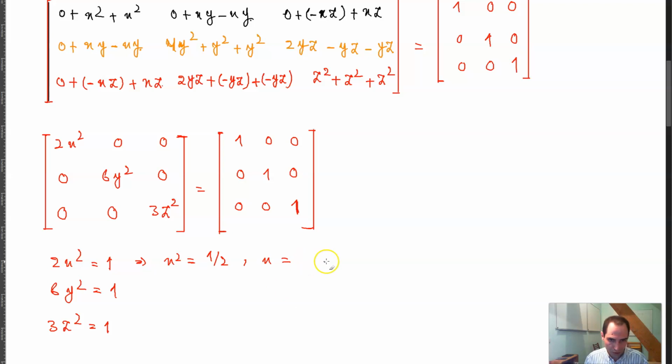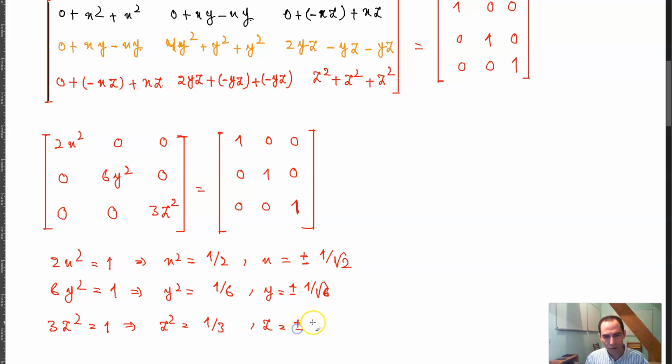Well, actually you would get plus or minus 1 over square root of 2, of course. And over here you would get y squared is equal to 1/6, so y would be equal to plus or minus 1 over square root of 6. And here z squared is equal to 1/3, so z would be equal to plus or minus 1 over square root of 3. So that's basically the answer here, right?